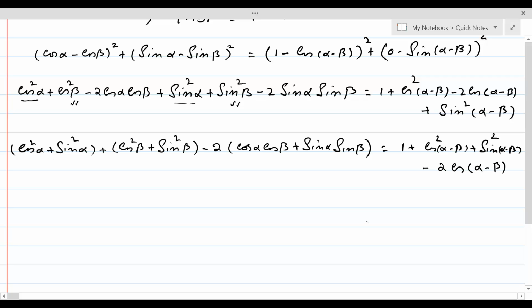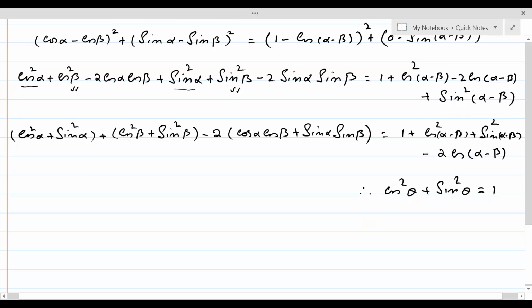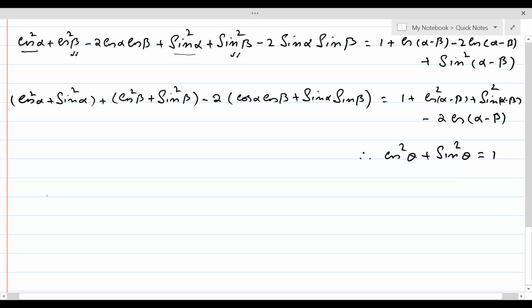So now since cos square theta plus sine square theta is equal to 1, that is the fundamental trigonometric identity, this means here 1 plus another 1 here minus 2 times cos alpha cos beta plus sine alpha sine beta is equal to 1 plus 1 again, because cos square alpha minus beta plus sine square alpha minus beta for the same reason is again equal to 1 due to the fundamental trigonometric identity.